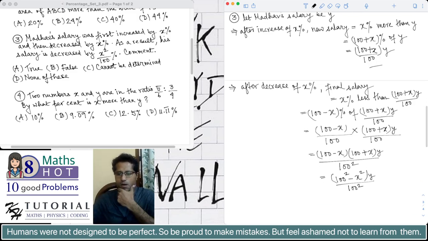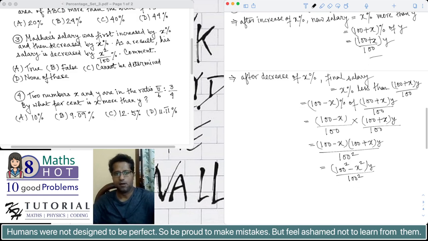Now it is given that his salary is decreased by X square by 100%. So now we have to check whether the salary was decreased by X square by 100% or not.